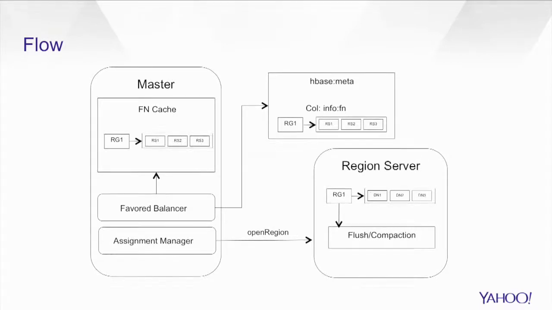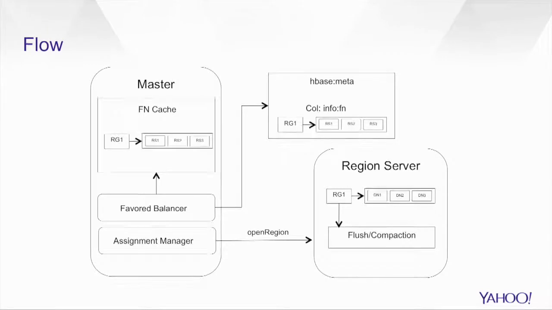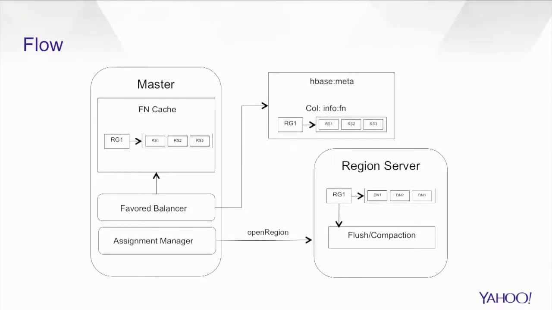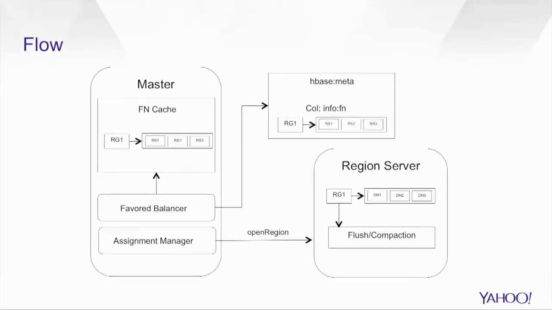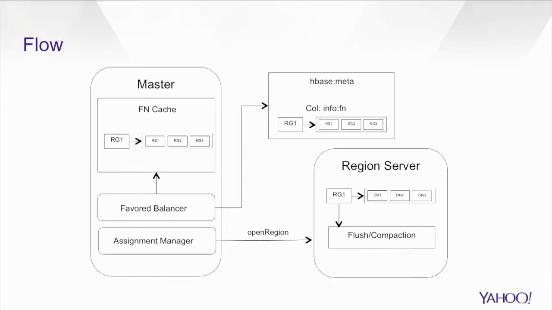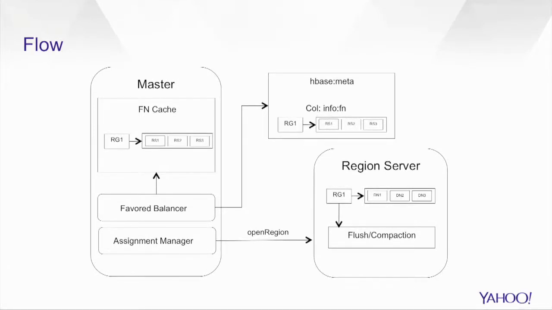When a flush or a compaction happens for that region, it reads this cache, gets an array of data nodes, and whatever file it creates on HDFS, it uses that array to provide the hint to HDFS. That's how a favored node is created, persisted, passed to the region server, and used when you create a file.